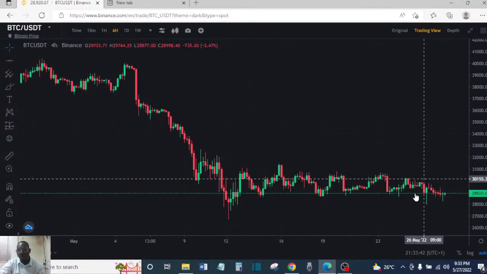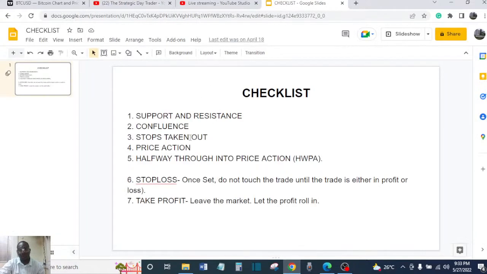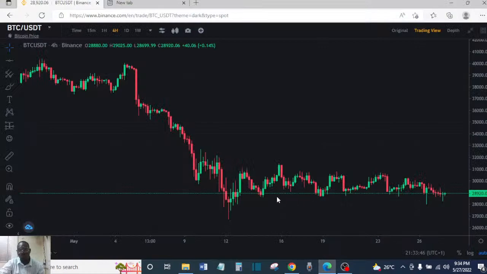Now, when we had this clearance, I told you that it is best that you allow it to go halfway through into the price action. Why do I say this? It is to reduce your risks.